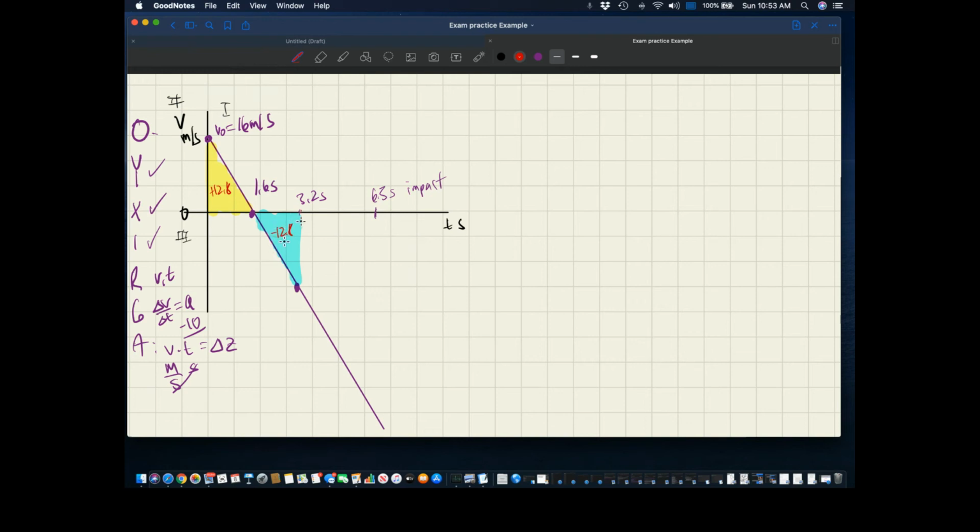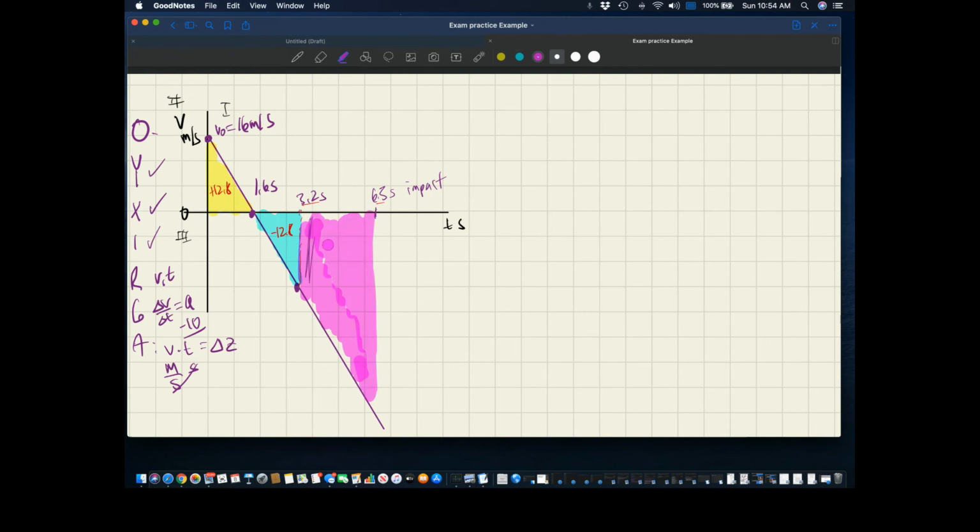So at this point, 3.2 seconds, the total area should be 0 because total area is the displacement, and it's exactly the same height as it was. So now what we know from 3.2 to 6.3 seconds is that the object, the rock, is traveling downward, and at 6.3 seconds, it hits the ground.